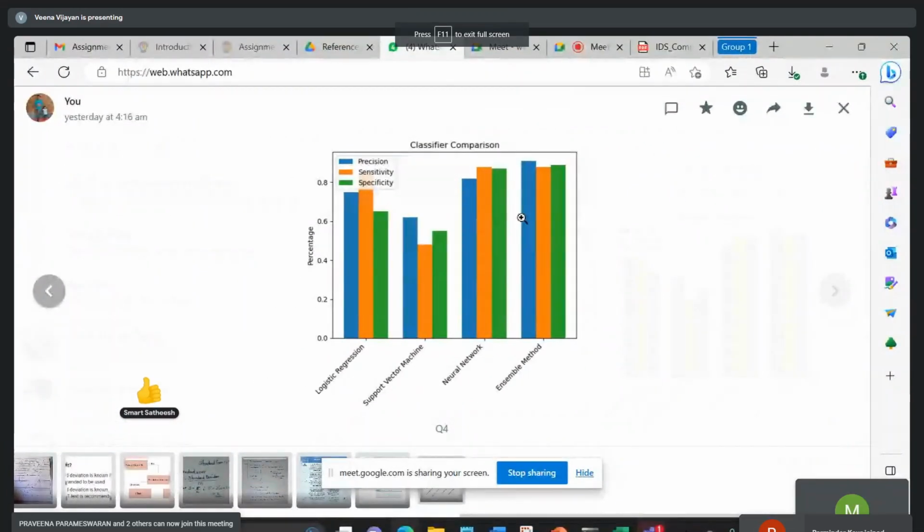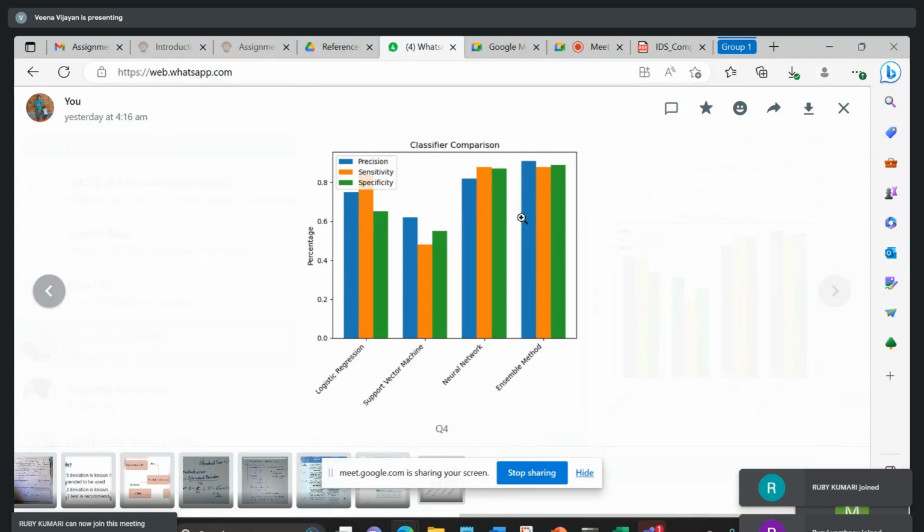Either we can draw this way, or we can draw it the reverse way. Here in the index, we have put precision, sensitivity, and specificity, and we are taking it for each one. Or we can do it the reverse way: on the x-axis, we bring precision, sensitivity, and specificity, and put four bars, one for each algorithm.